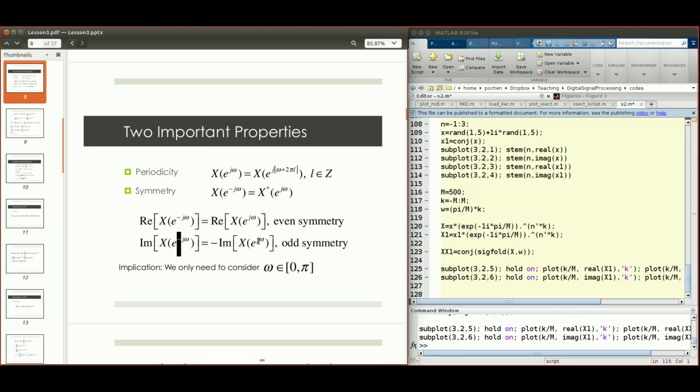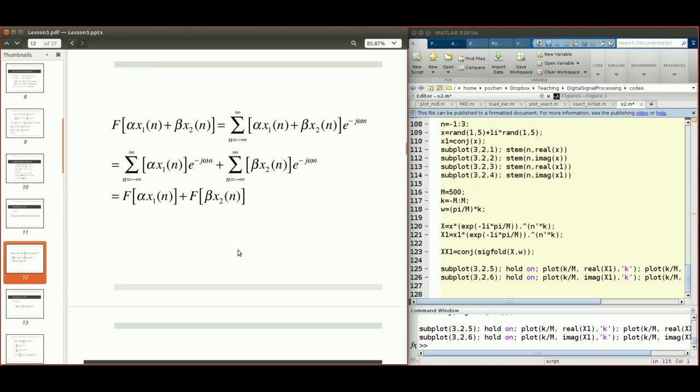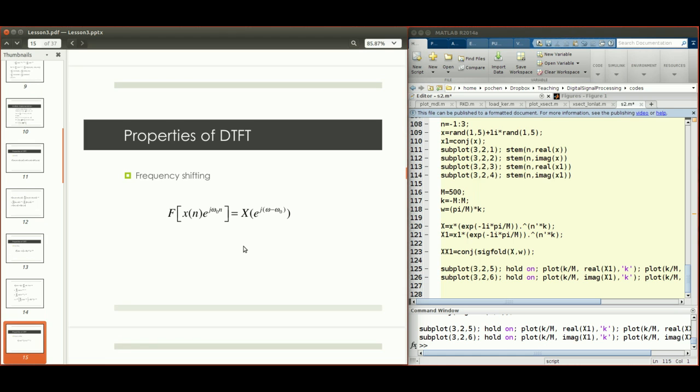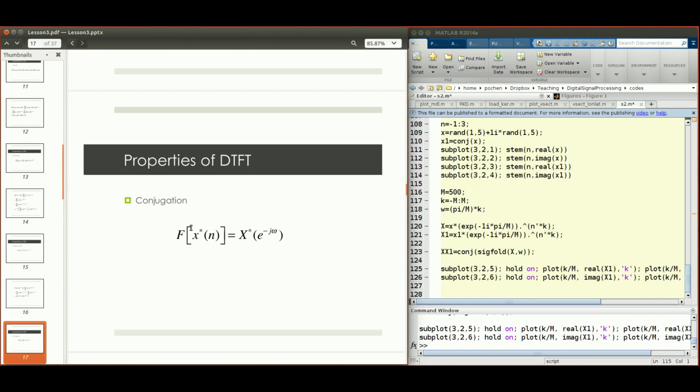It's folding, and then the imaginary part has a minus sign on it, and that corresponds to the conjugation that you apply. Conjugation means reverse the sign of the imaginary part. So if the input signal is indeed a real signal, then you are basically recovering the symmetry property of the Fourier transform. This conjugation property is related to that symmetry property that we talked about in a previous lecture. And that's conjugation.